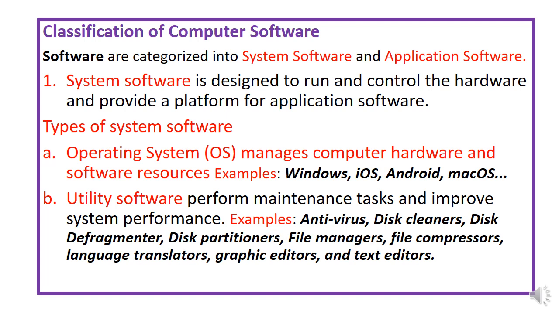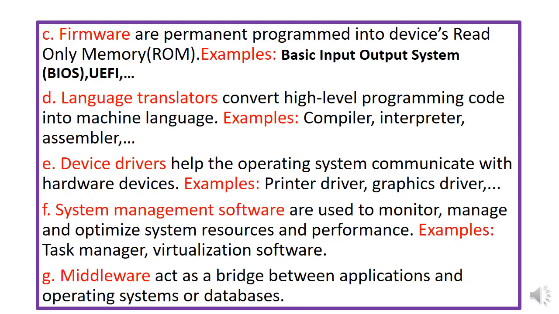Let's move on to the next class of system software. We have another category of software known as firmware. Remember that a computer has read-only memory where some programs or information are permanently stored.